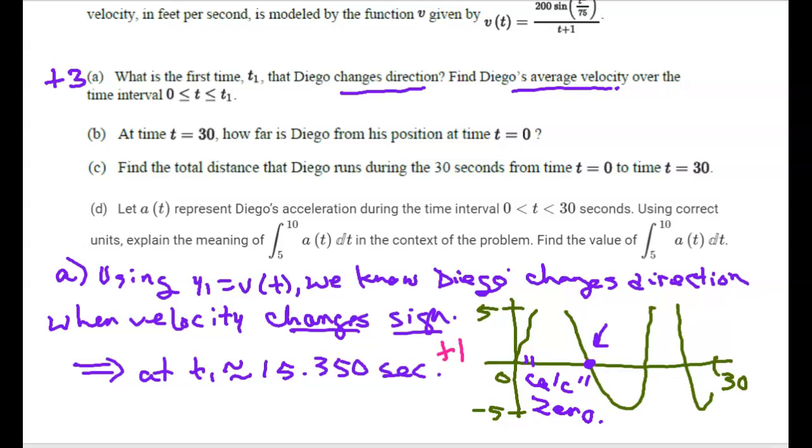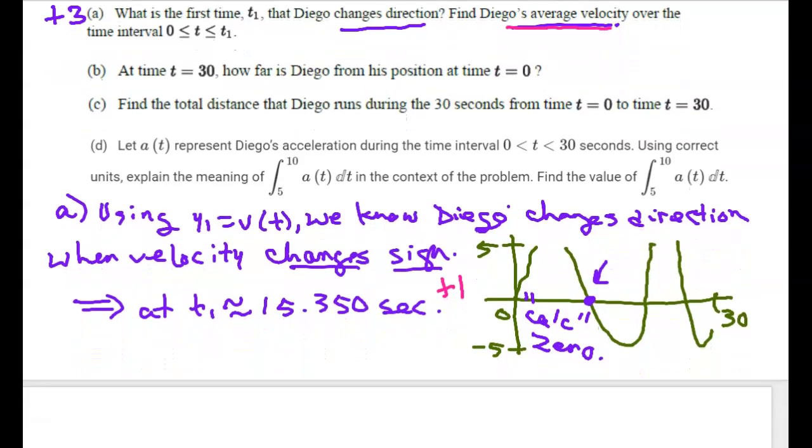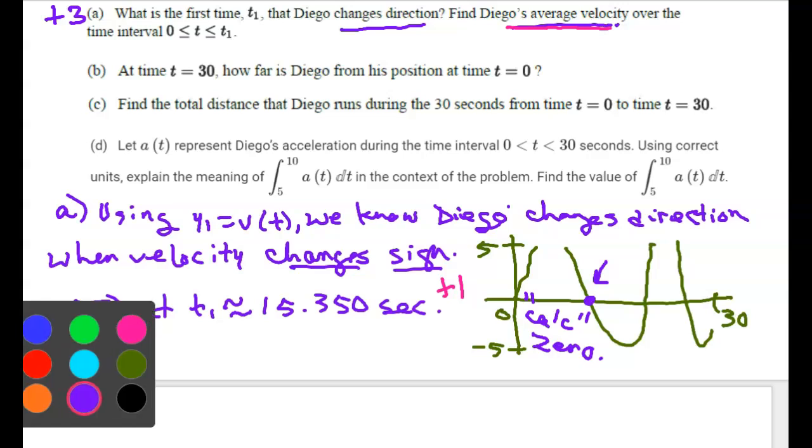Now there's another portion of that problem. Find Diego's average velocity. Average velocity is finding the average value of a function, if you remember that.